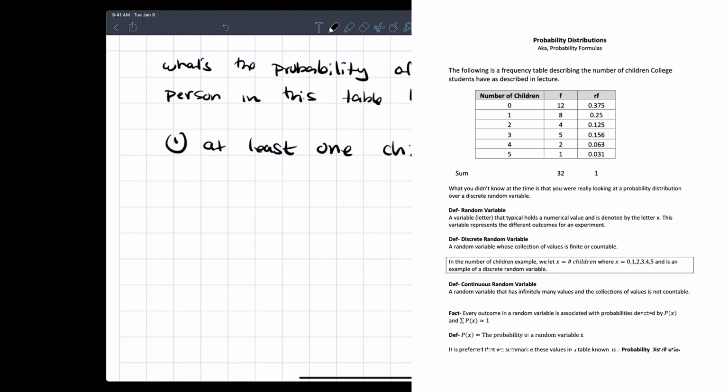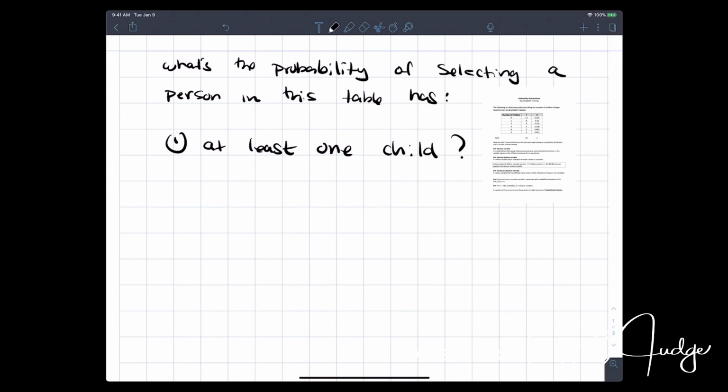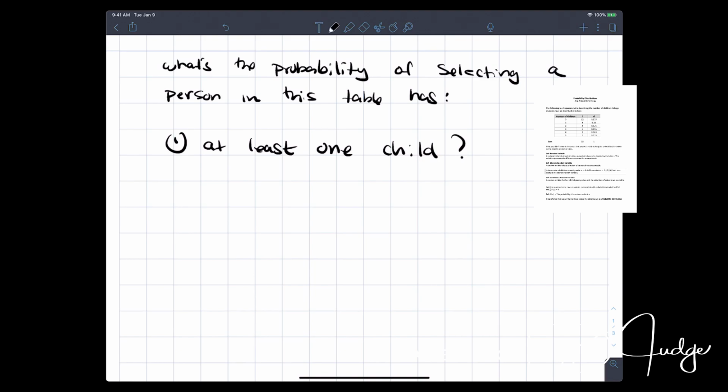Relative frequency is a real life probability, the empirical rule. So those kind of questions are back, at least one, and we're going to go into more detail. We're going to ask you at least 2, at least 3, more than 3, more than 4, no more than 2, no more than 1, between 1 and 4, all the nice language you guys seen in the past.